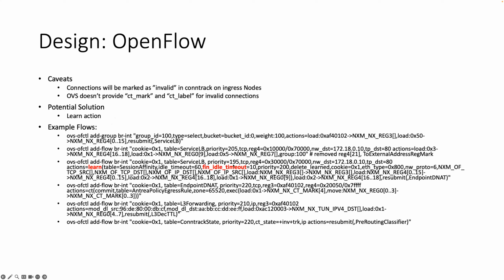And we need to set the fin idle timeout to a small value so that after the connection closes, Open vSwitch could remove the learned flow quickly instead of waiting for the idle timeout. Otherwise, there will be a massive number of OpenFlow flows, even if the connections are all closed gracefully.